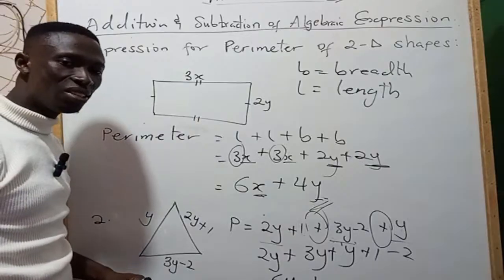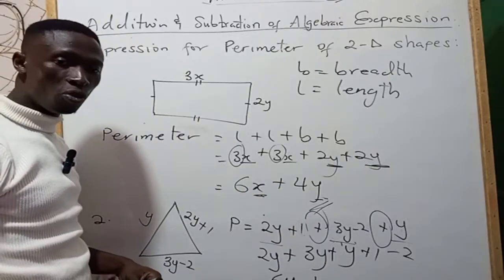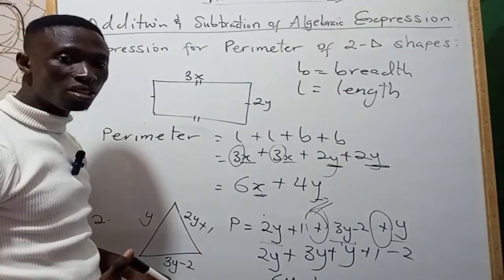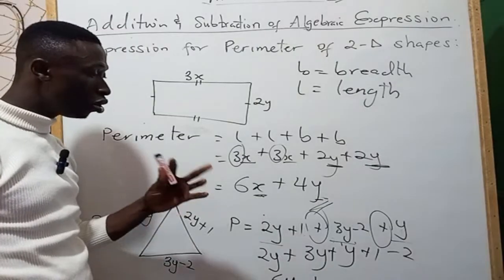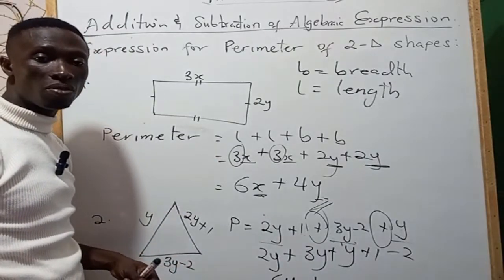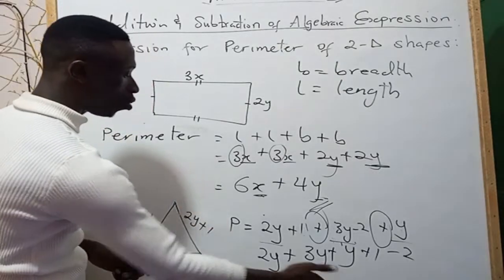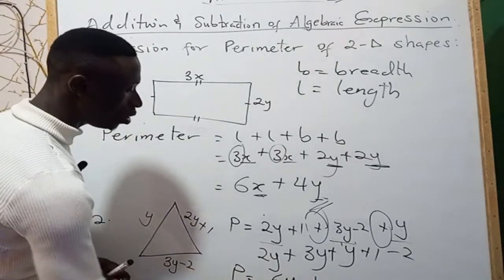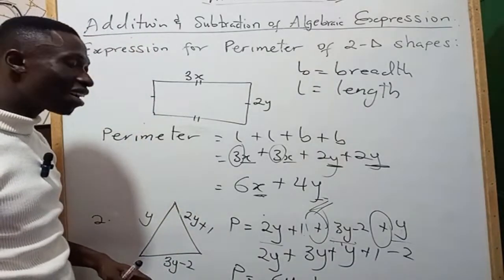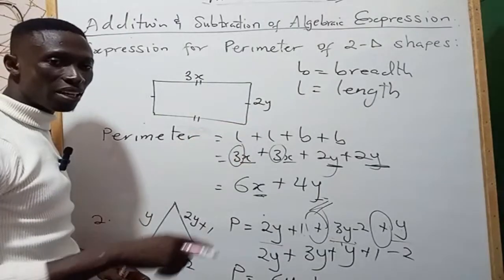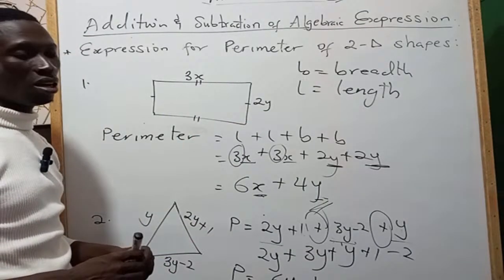You have 1 cedi, and you are owing your friend 2 cedis. If you go to clear part of your arrears, you'll still be owing 1 cedi. You can't use 1 cedi to clear a debt of 2 cedis. So we have 6y minus 1. It means that our perimeter is equal to 6y minus 1. The distance covered by the cat was 6y minus 1.